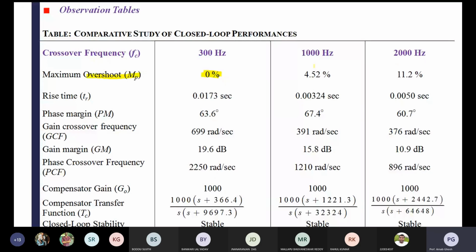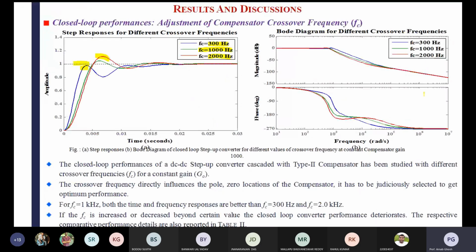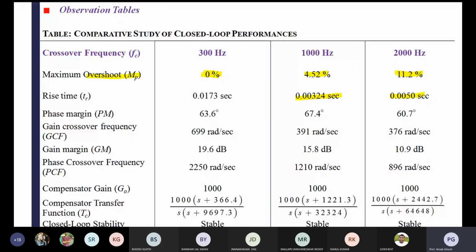So definitely overshoot is more, meaning system performance has been affected. The phase margin is 67.4 degrees at 1000 hertz. So you are selecting all those values judiciously. Then gain crossover frequency, gain margin, phase margin, all these things you have studied.